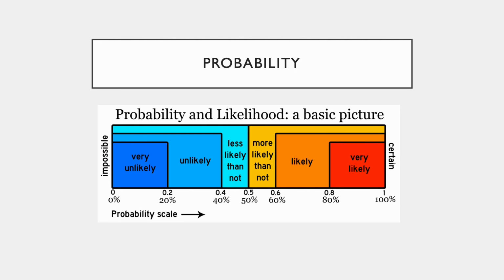When reading probabilistic statistics in research articles, this chart will provide you with a helpful way to interpret them, from 0 to 1, with 0 being very unlikely and 1 being very likely. And you can see the divisions of when this occurs. We ideally want to know if things are likely or very likely or unlikely or very unlikely. It gives us an idea of what we're seeing and how to interpret it.